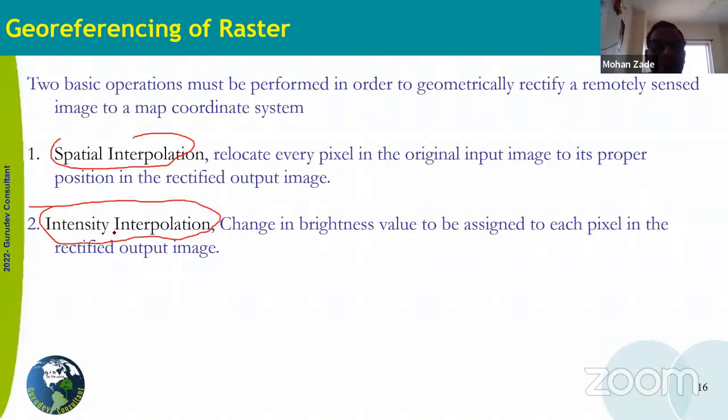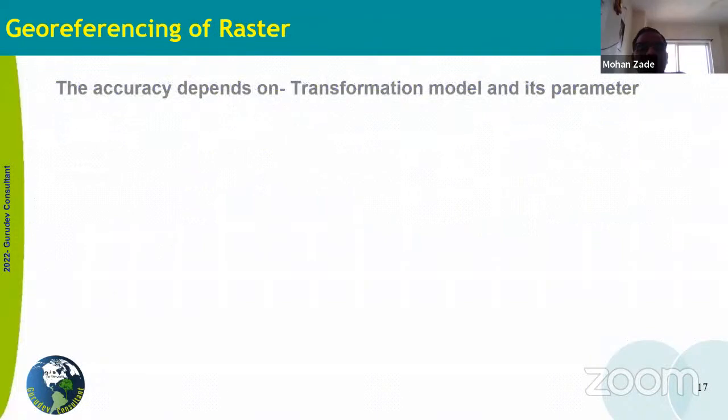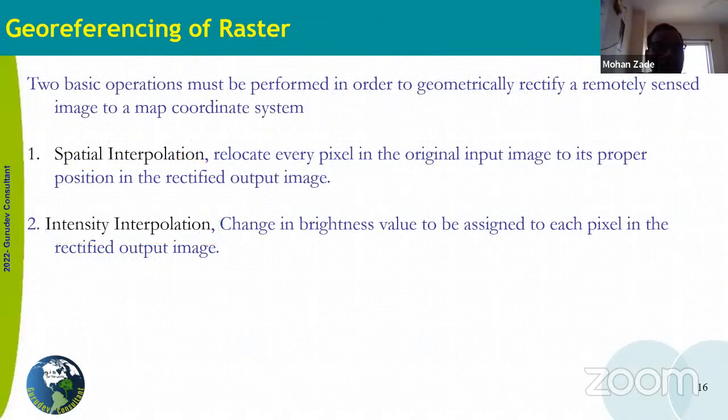Each cell has a value called the DN, reflectance, or brightness value. This brightness value is also going to change as we move a pixel to a different location. Changing the DN value is intensity interpolation, and changing the location of the cell is spatial interpolation. These two things happen when you do the rectification.